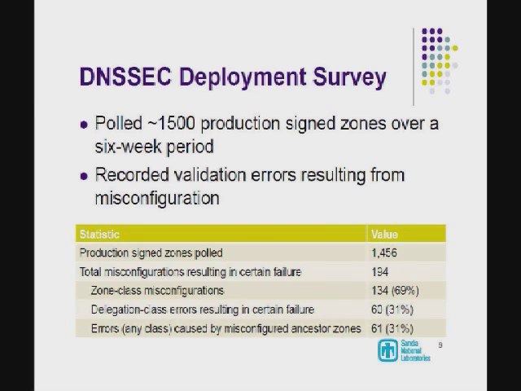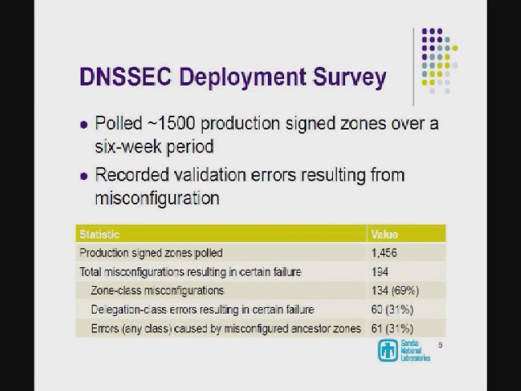Okay, and out of this, about 69% of those were zone class misconfigurations and delegation class misconfigurations. The delegation class misconfigurations have to do with a DS mismatch with the DNSKEYs in the child zone. Those accounted for about 31% of the misconfigurations that resulted in a failure potential of 1.